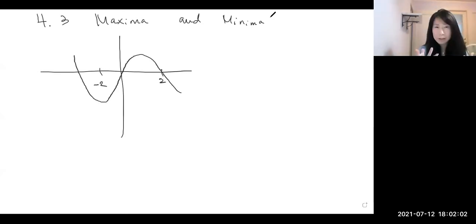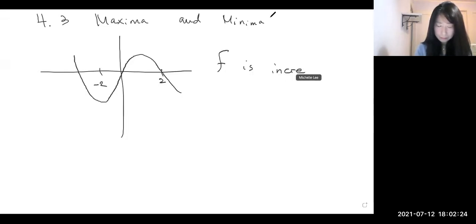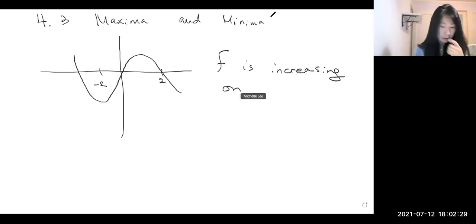If we are looking at just the function, the graph, okay, where is the decreasing? How about increasing first? F is increasing. Which part is increasing? Yeah, from here to here is increasing, good, okay.